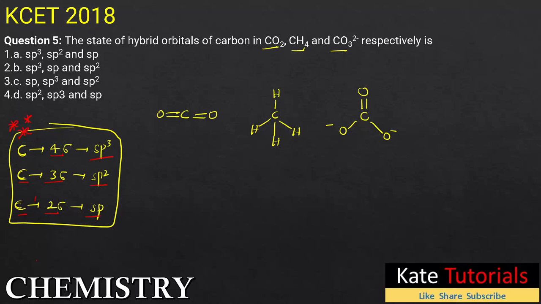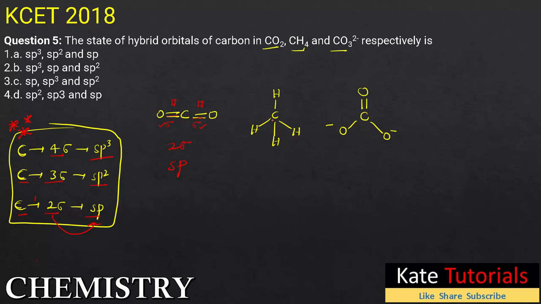Right? So in carbon dioxide, C double bond O and double bond O, one bond will be a sigma bond, the other bond will be a pi bond. Here also sigma bond and pi bond. So this carbon, how many sigma bonds are there? 1 and 2. So 2 sigma bonds. 2 sigma bonds means what is the hybridization? sp. Right.